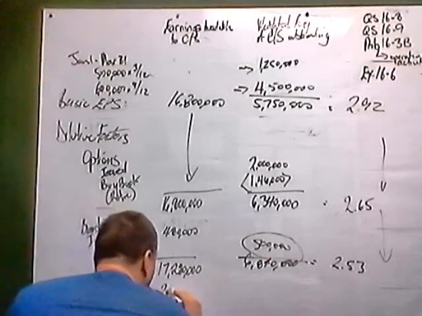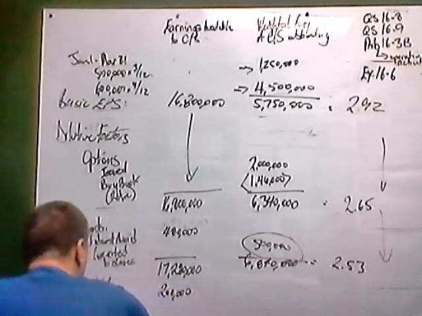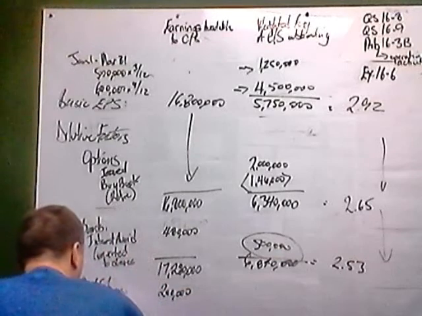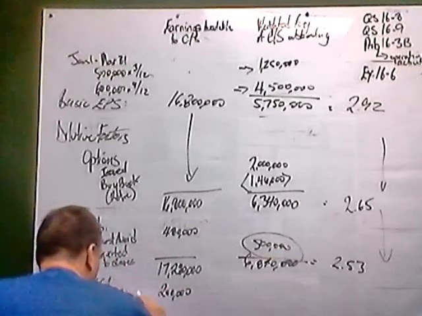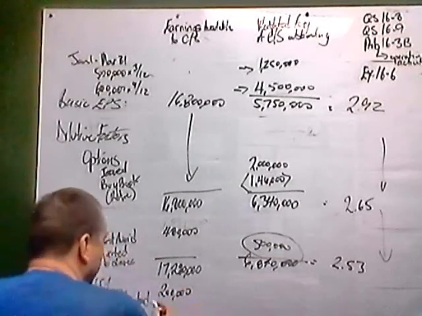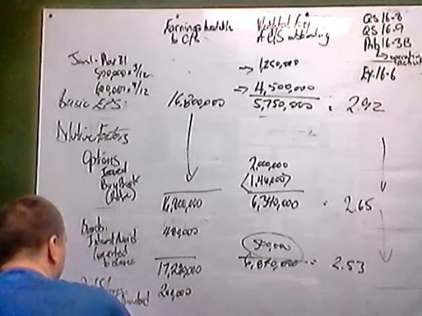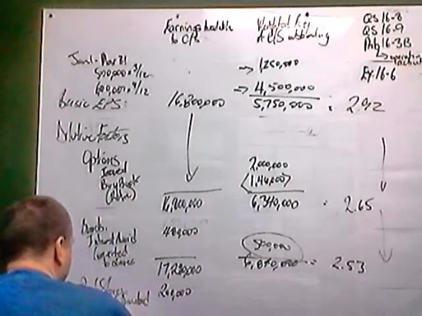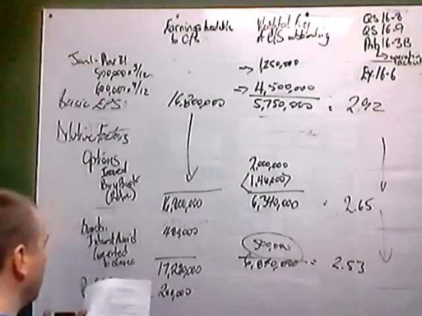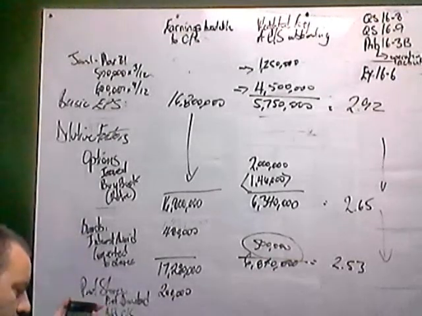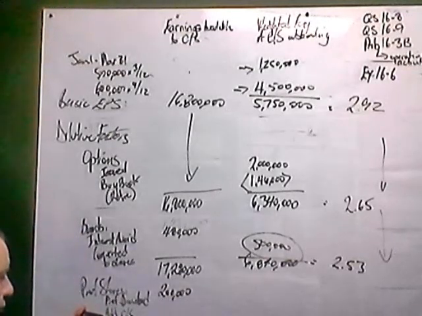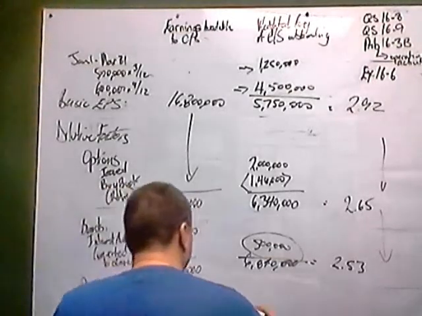So we're going to add back the preferred dividend. We go from 200,000 preferred shares, and they split out at a 10-to-1 rate, so 200,000 times 10 is 2 million. So 2 million more shares.